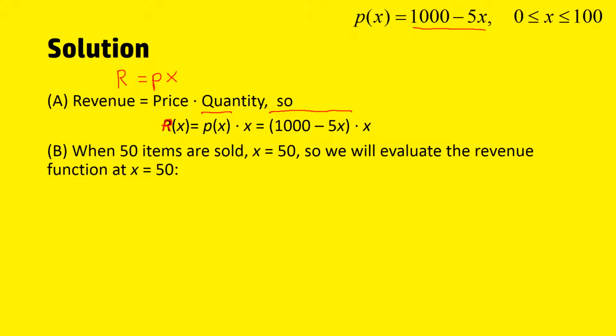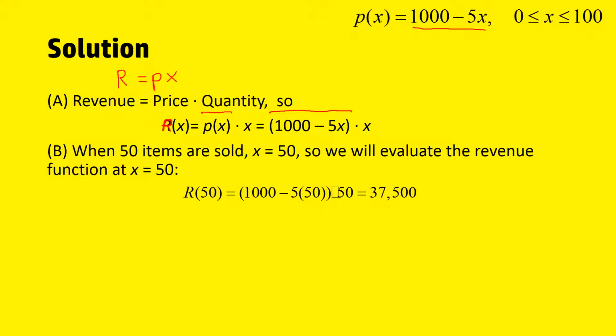The revenue function R will return the revenue for a certain number of items produced and sold, a quantity. Revenue, of course, is the amount of money that comes in sales. So it makes sense that it is the number of units times the price per unit.